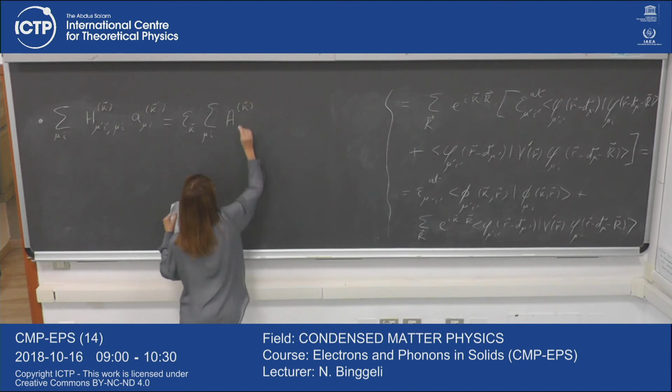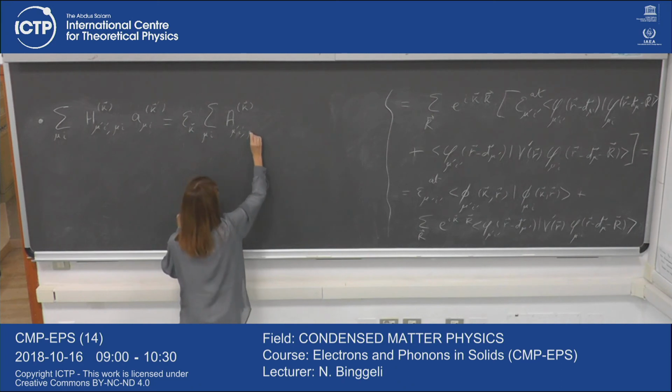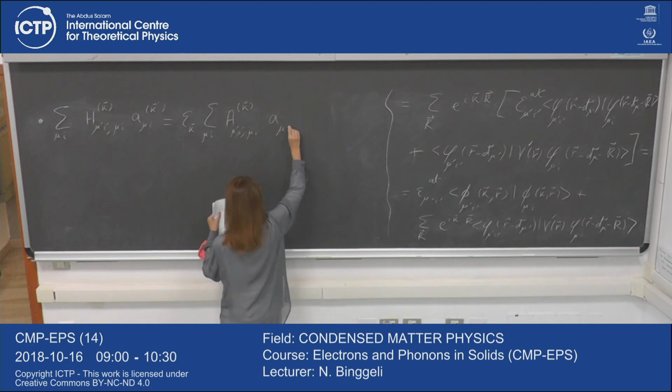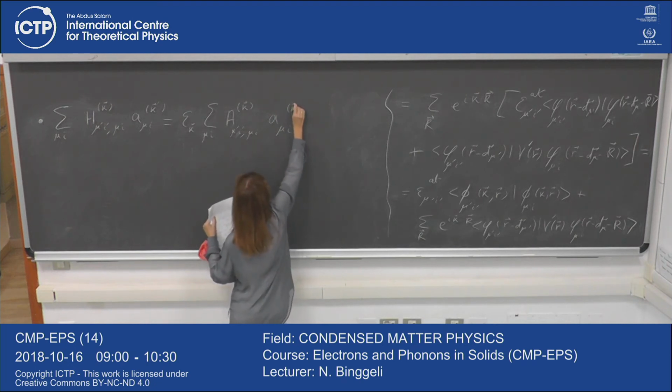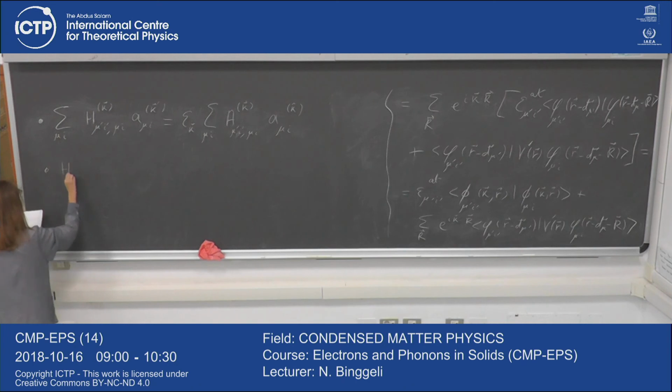So it's also for a given k in principle, mu prime I prime, mu I, a mu I. So this is my eigenvalue, eigenvector equation.